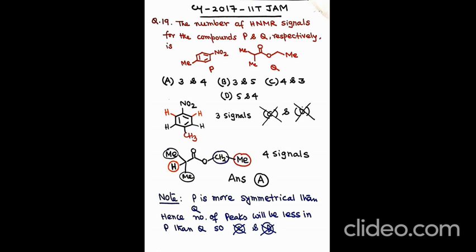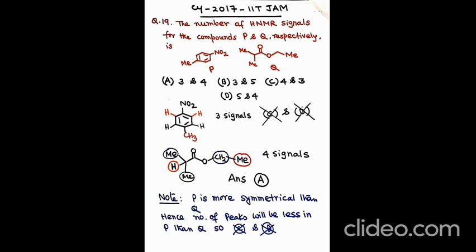Now in this case this Q compound will give the 4 signals, because we know in HNMR number of signals is equal to number of different environments of the hydrogens. So this compound has 4 environments for the hydrogens. Ethyl group 2 signals will come, and that isopropyl group 2 signals will come.